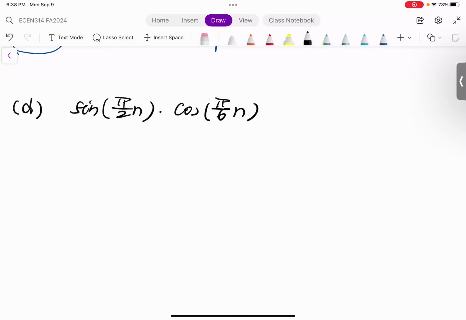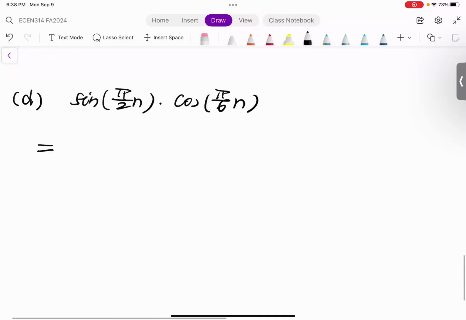Well, I think that depends, right? So I'm going to show you one way of solving this problem, but there are different ways of understanding the problem and solving it. I'm going to change the sine times cosine to be the sum of two signals, because we know the following.